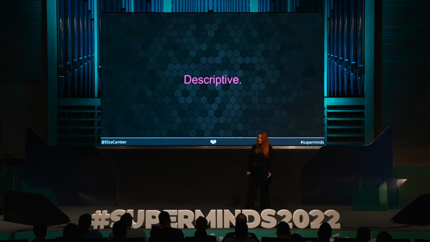So let's see some machine learning applications that we can have. A machine learning system can be descriptive, meaning that the system uses the data to explain what has already happened.